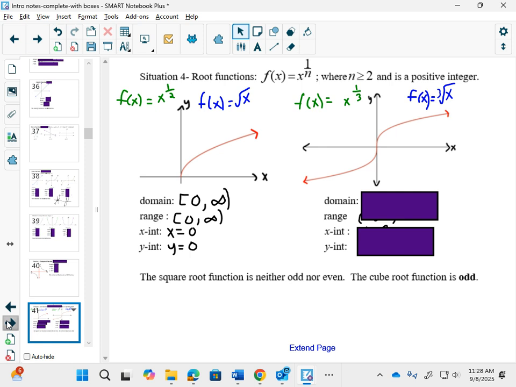Now we use square roots algebraically to undo squares, right? And whenever you have something that undoes something else, that's an inverse of each other. Something that undoes something is an inverse. We're going to have a whole section in this unit about inverses, but just a little reminder of inverses.